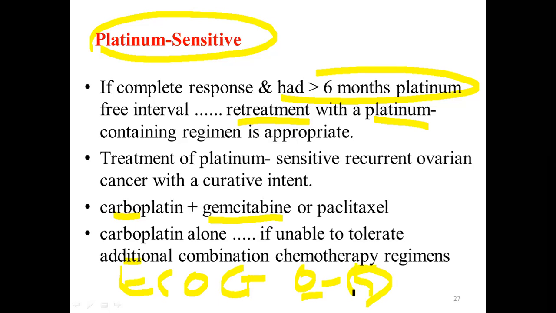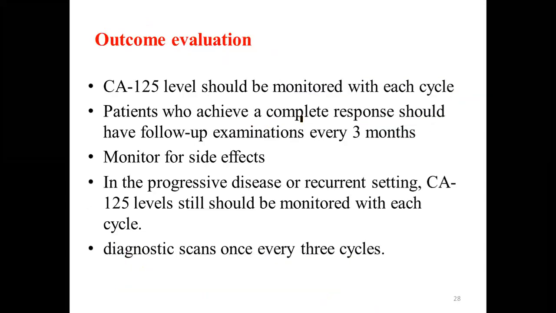It's very simple, you can read this one, then you assess the performance status. If the patient cannot tolerate, that is when you give carboplatin alone. So the whole idea is that in platinum-sensitive individuals, we can use the same retreatment regimen because the tumor progressed after 6 months of platinum analogs.